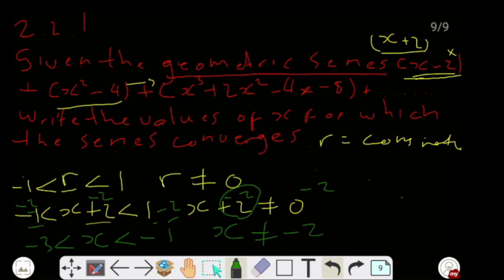Those are your convergent values for x. Your x falls between negative 1 and negative 3, and then your x should not equal negative 2. Those are your convergent values for x. Alright, moving on to the next question.